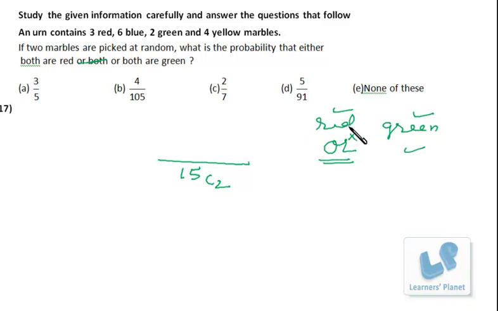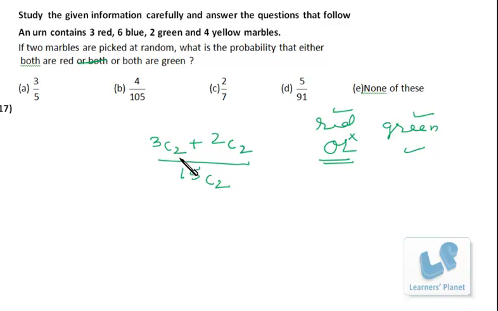Now if we have to select 2 marbles out of 3 red, there will be 3C2. So in this case we are just selecting 2 marbles out of 3 red marbles, or, that 'or' means plus, we are selecting both of them as green. So out of 2 green marbles, both of them are green, so it is 2C2.